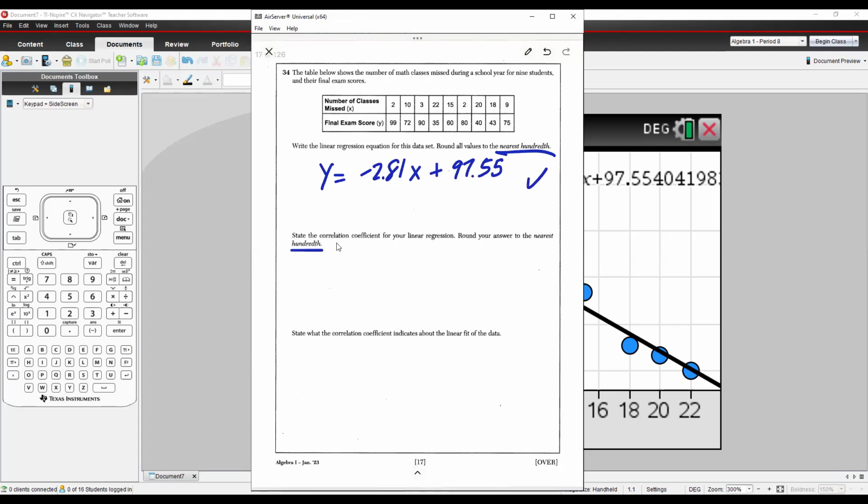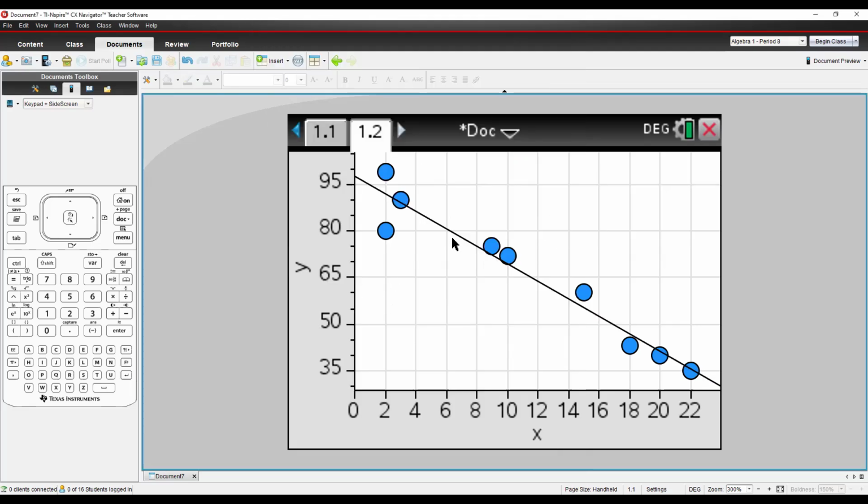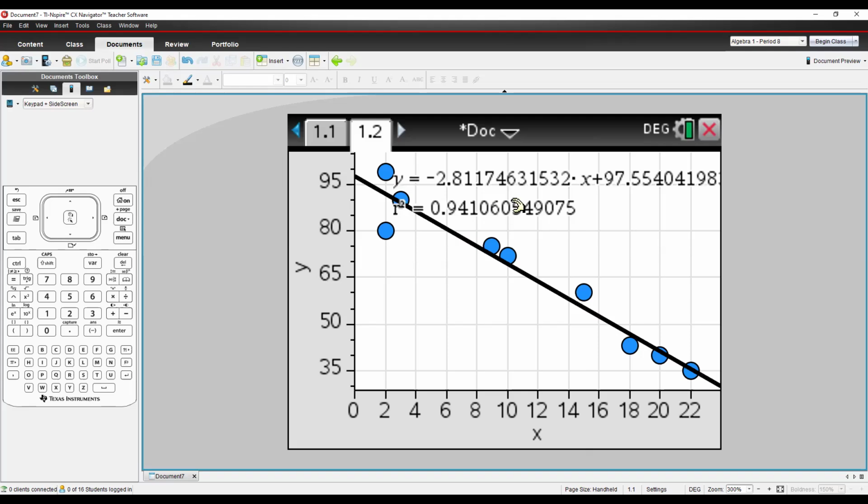Now we have to do the correlation coefficient. This one's a little tricky. Let me go back. The correlation coefficient is R. This is R squared. So all we have to do is take the square root of this number on the right, and that's going to give us the correlation coefficient.